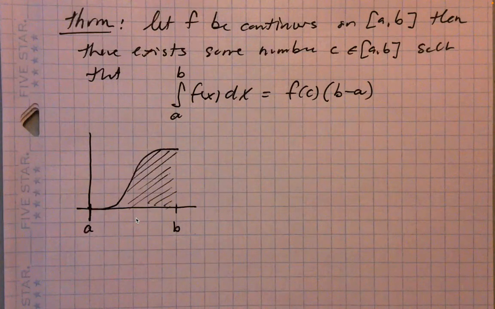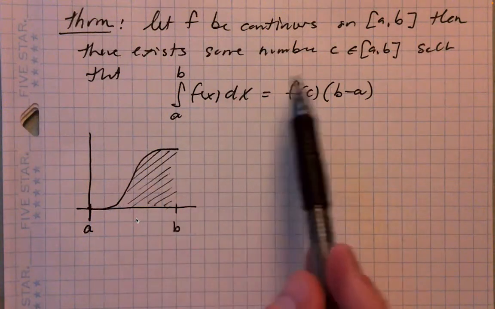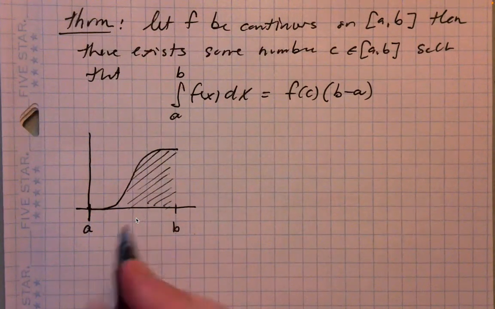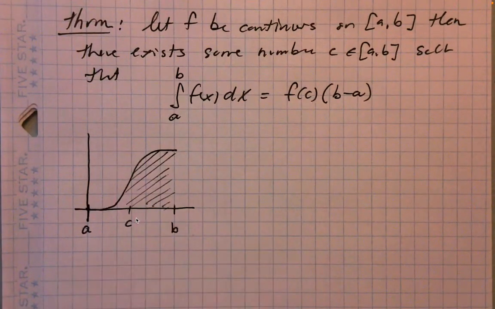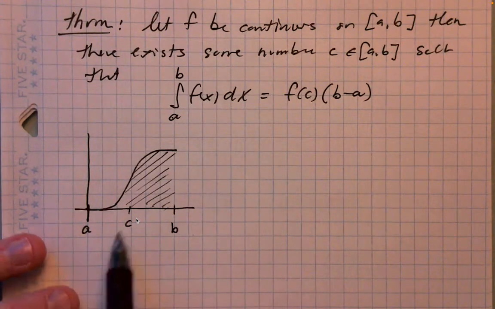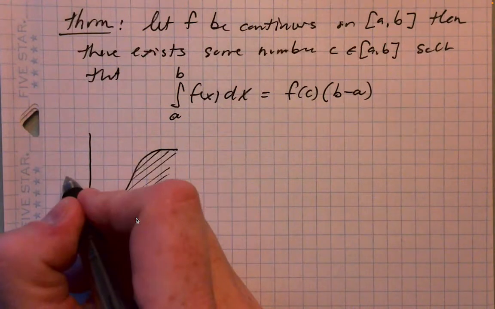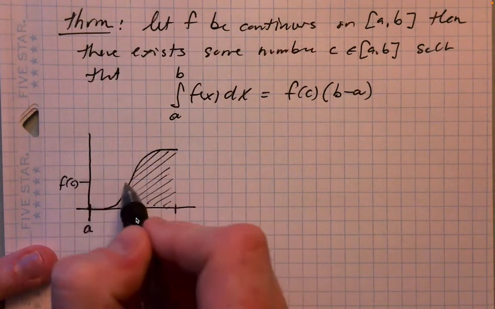Which I can kind of loosely shade in that way. Now, what this is saying is that there's going to be some c in here, and I'm going to eyeball it. It's probably right about there. It doesn't have to be necessarily in the middle. In this case, it does happen to be in the middle. There's going to be some c such that f of c, which would be kind of like right about here, right?